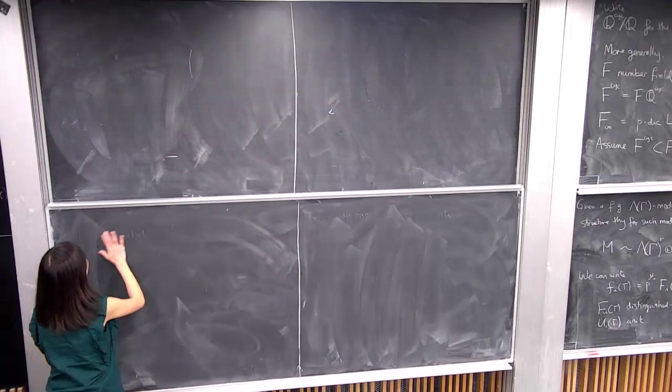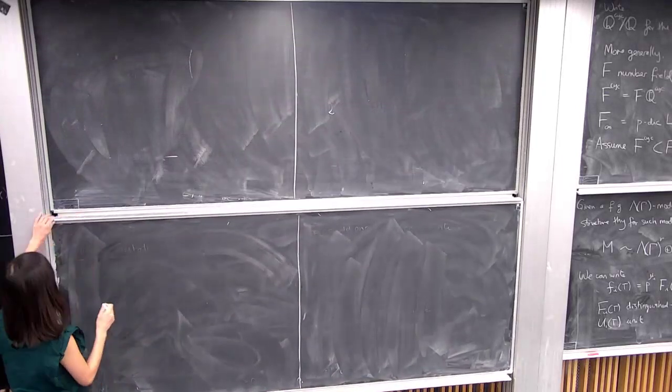In the case where we have the cyclotomic Z_p extension, we have the following conjecture due to Mazur.